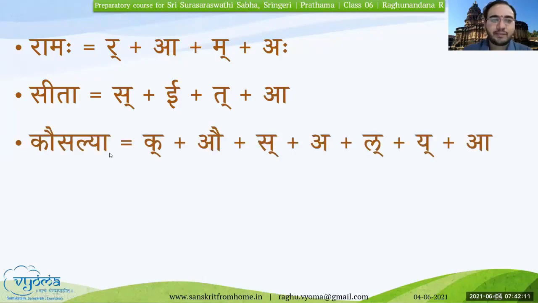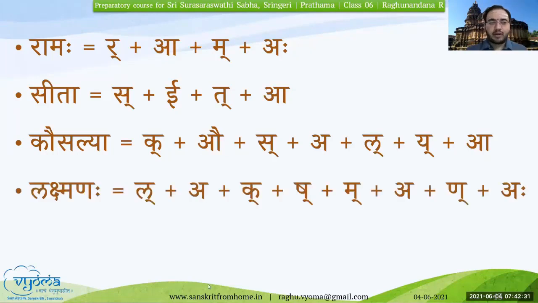Similarly, Kausalya: K, Au, S, A, L, Y, A. Here you see a Samyuktaksharam, and hence Lakara, Yakara, there is no Swara in between. Though it's something which you already know, I am just repeating it so that this concept is registered well.